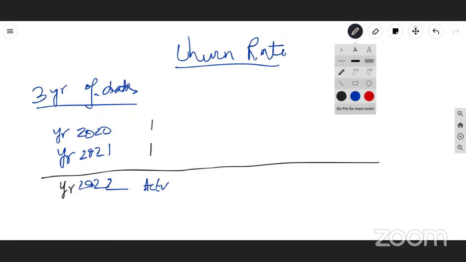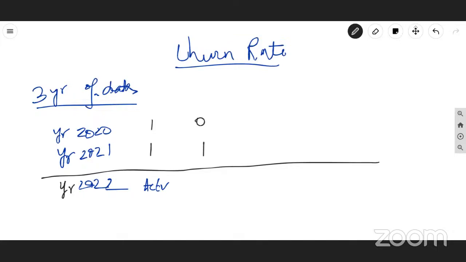Now come over here. The next pattern can be 01. Now in this case, in 2020 the customer has never visited. In 2021, the customer has visited, and it is difficult to explain 2022 because this customer is a new customer.